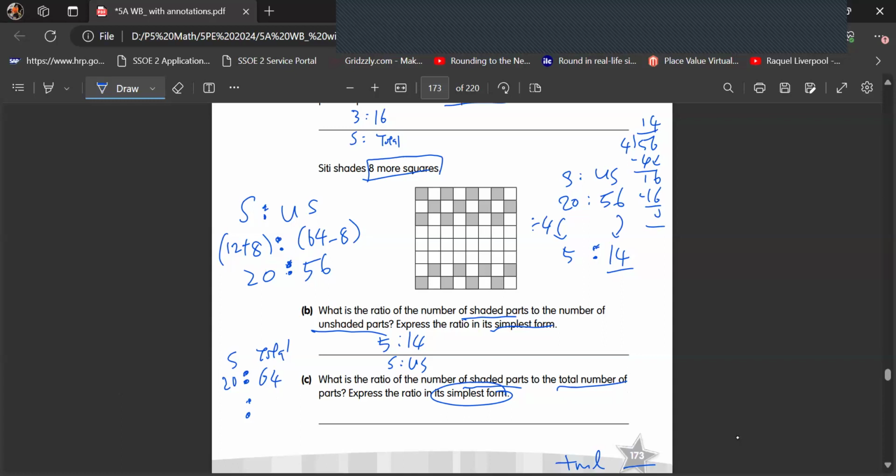A careless mistake. Yeah, it should be 20 to 44, but how come I didn't get 44? What mistake did I make? I wrote 64 minus 8. Why is 64 minus 8 wrong?